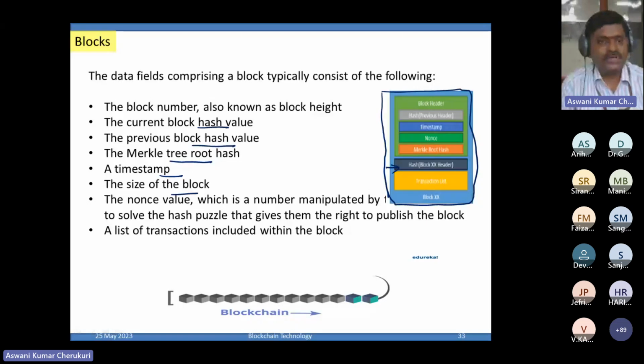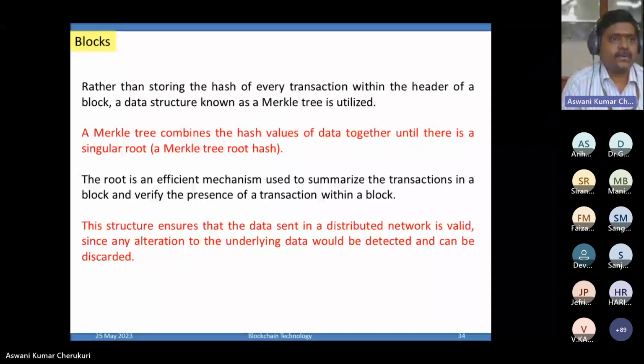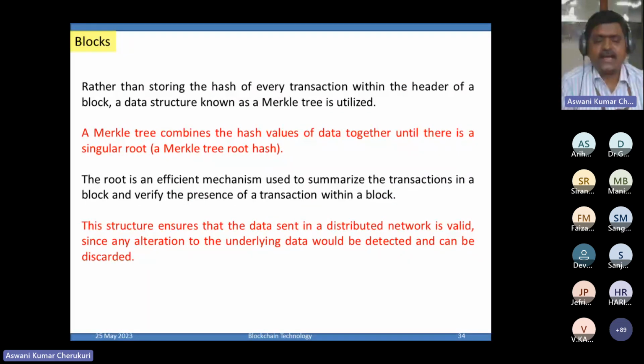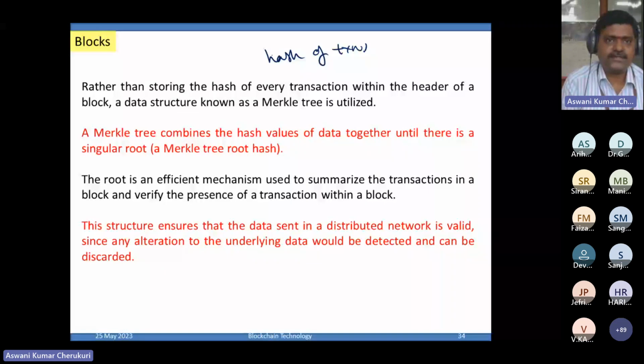But you have the verification. It is not possible, knowing the hash value, to know what the transactions are, right? So now the point is, what is this hash of the transactions, and what is the hash root? Let us understand.